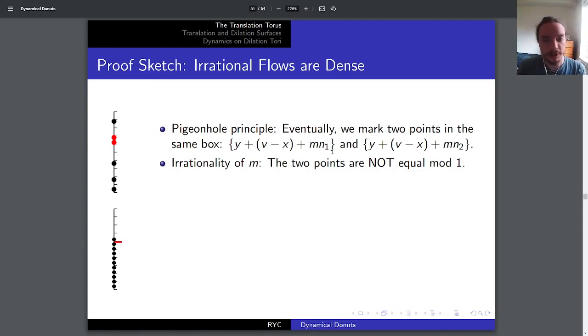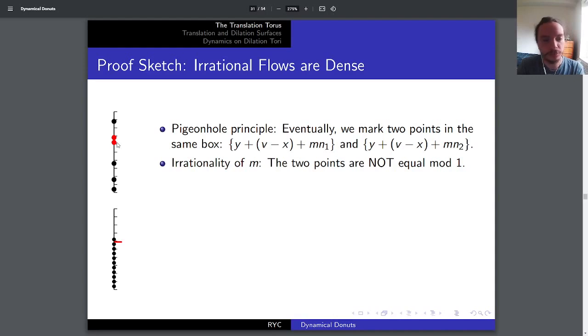But then we can divide by n2 minus n1, and we'll get that m is equal to an integer divided by n2 minus n1, which is another integer. But that's a rational number. So because m is irrational, this can't possibly happen. The 2 points can never coincide.